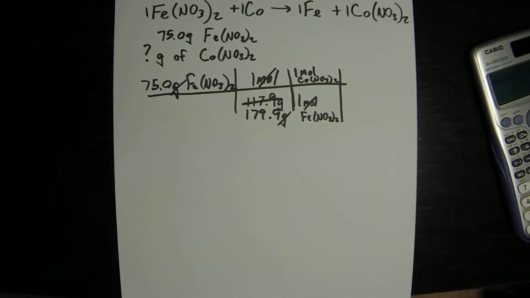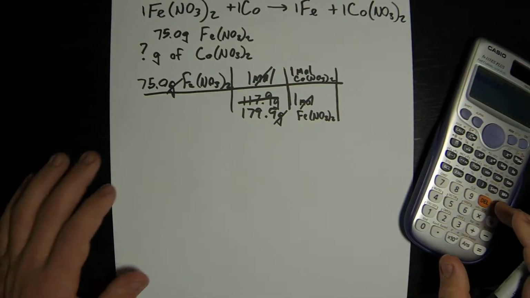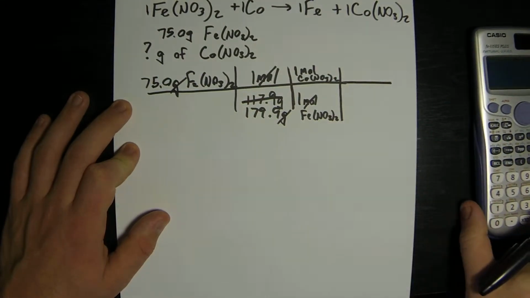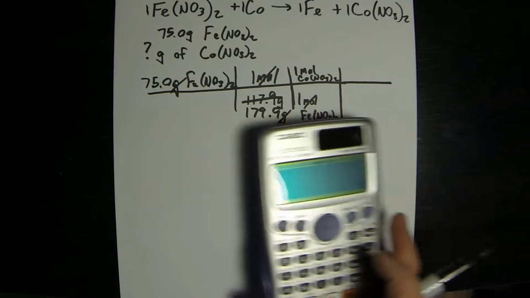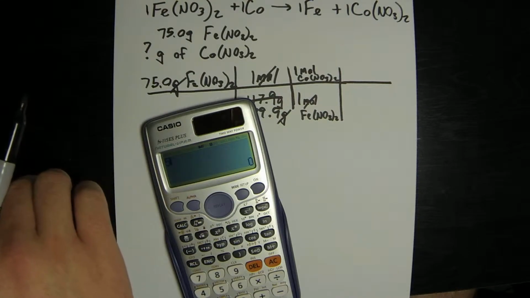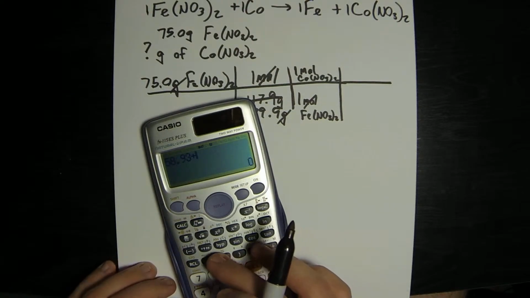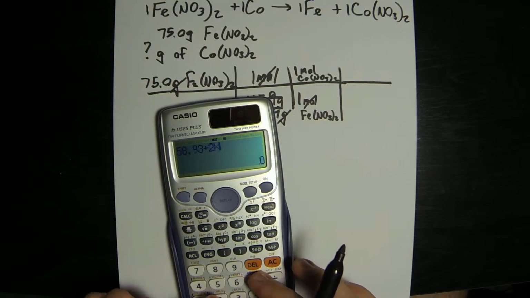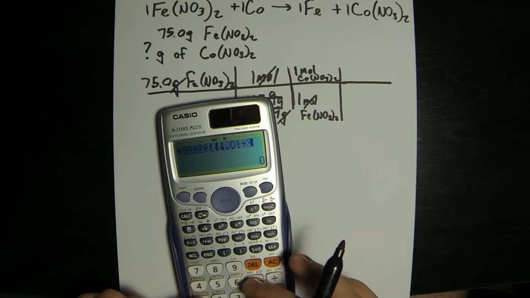Now here's where I don't know what cobalt weighs. 58.93. So cobalt weighs 58.93. So now I need the atomic mass of cobalt, which I got from the periodic table. So I type in my calculator 58.93 plus, now I'll just do all this at once, 2 times 14.01 plus 3 times 16.